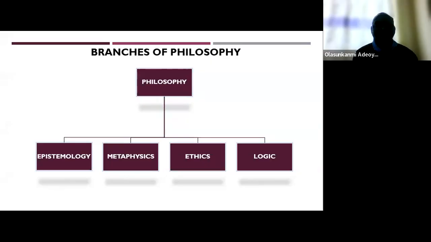The third one is ethics. And the last one there is logic. Now, let me take it one by one so that you will have a brief knowledge of what this is. In the subsequent study session, we will do more on epistemology, metaphysics, and logic. That is, fallacy is under logic. So that is what the fourth study session will focus on.